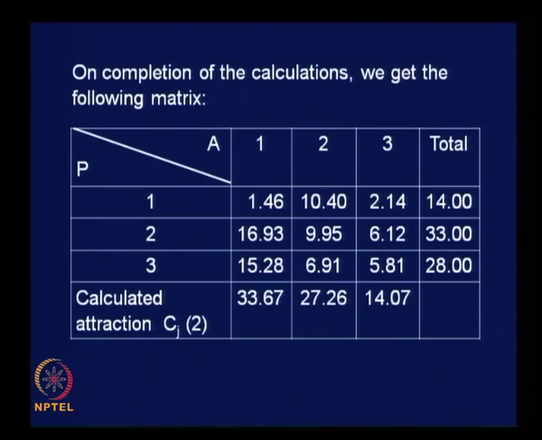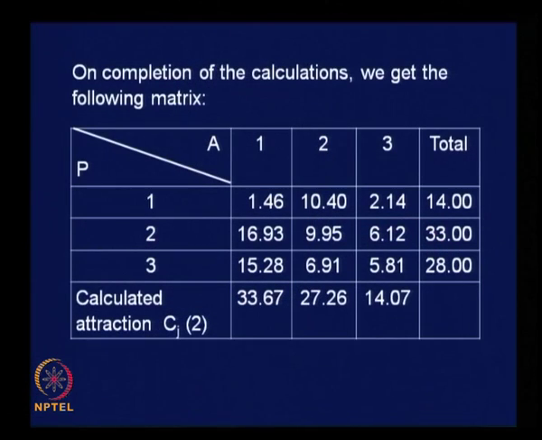Now the question is where to stop or when to stop the iterative procedure. Are you happy with these values? Now if you logically round off even the attraction values, 33.67 can be rounded off to only 34.